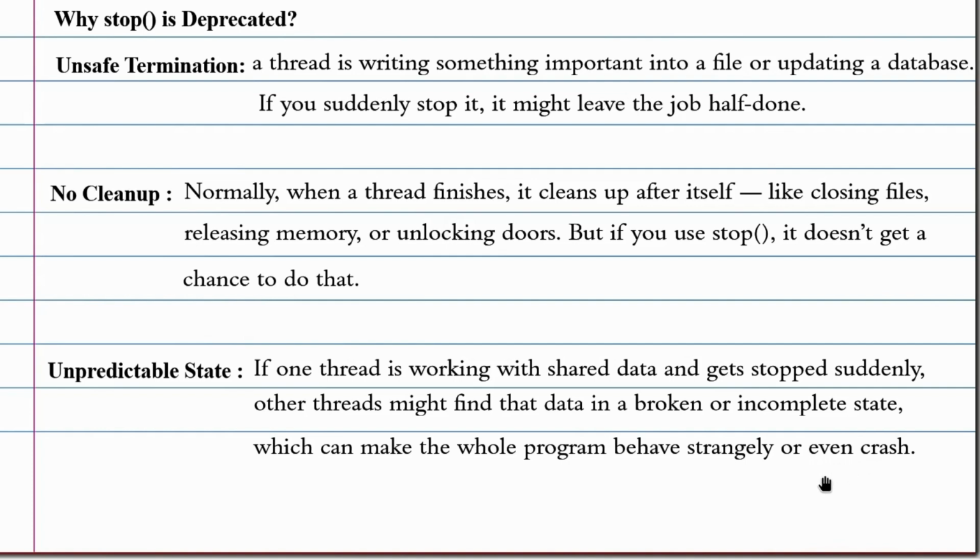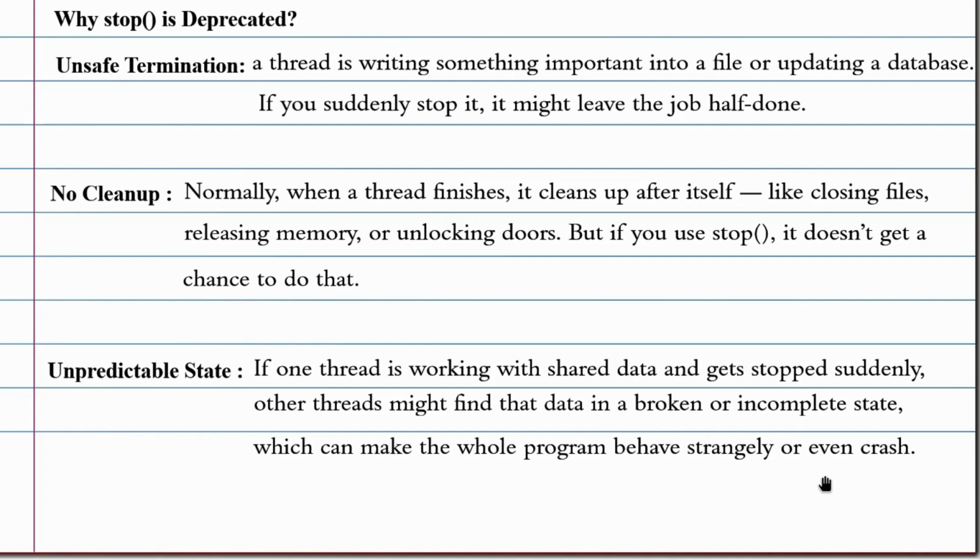Suppose there are three threads, T1, T2 and T3, and T1 is sharing data with T2 and T3. Suppose we stop the T1 thread, then T2 and T3 will not get the data.